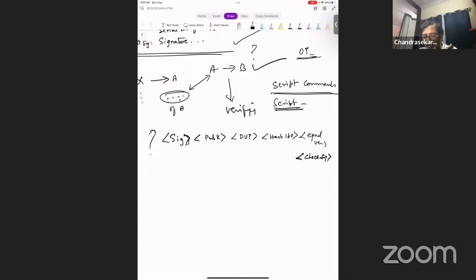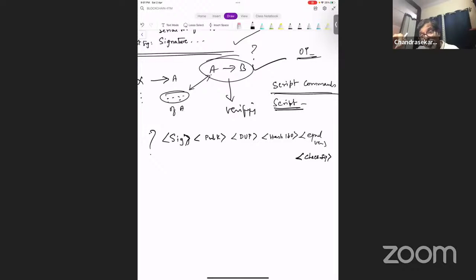So what you do is, the verifier, when he is trying to verify this transaction, for input, A would have referred a transaction. In that transaction corresponding to A, there is one output.